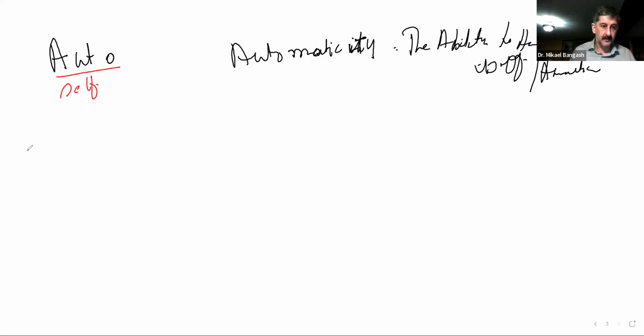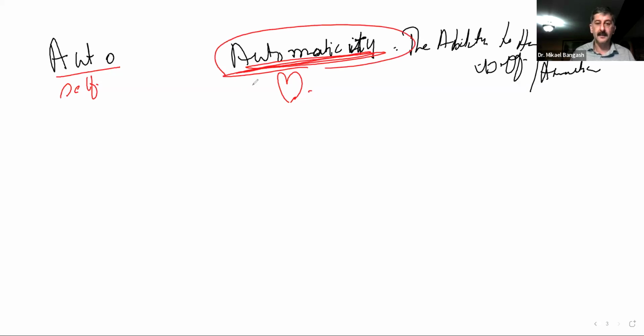Now, those of you who are CVT, this is a term that you will come across when talking about the heart, because one very unique characteristic that the heart has is automaticity.